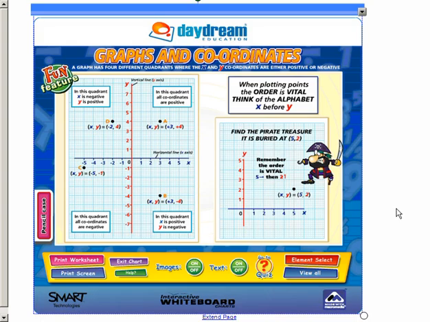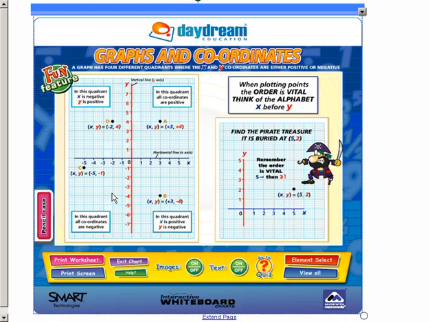So we have a graphic that shows us the quadrants. If you start right here, in this quadrant, all the coordinates are positive. So if we were to graph 3, 4, that ordered pair is positive. If we move this direction, the x-coordinate is negative, the y-coordinate is positive.